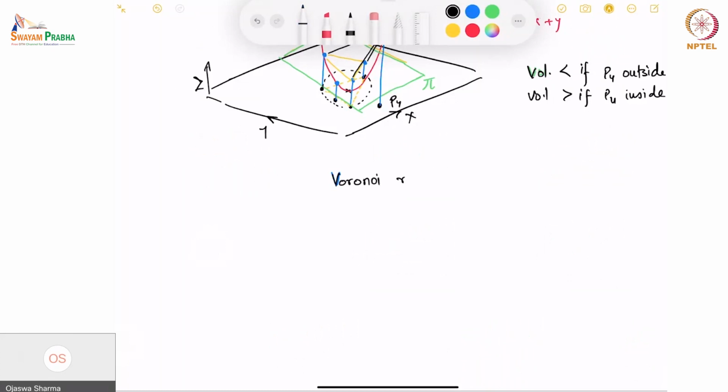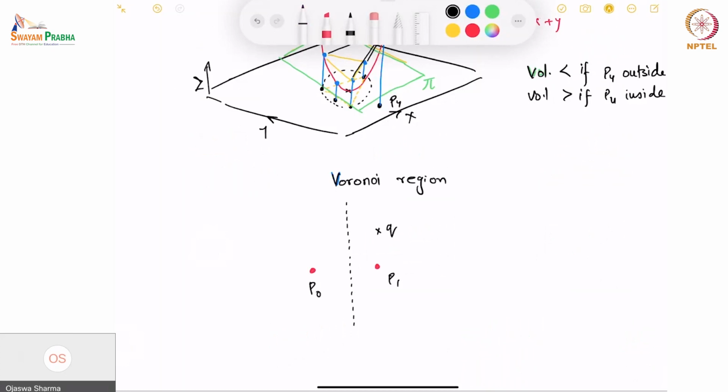Voronoi region. So let's say I draw the sites in red here, and I take a very simple two-dimensional example. Let's call them P0 and P1. Any point Q here.